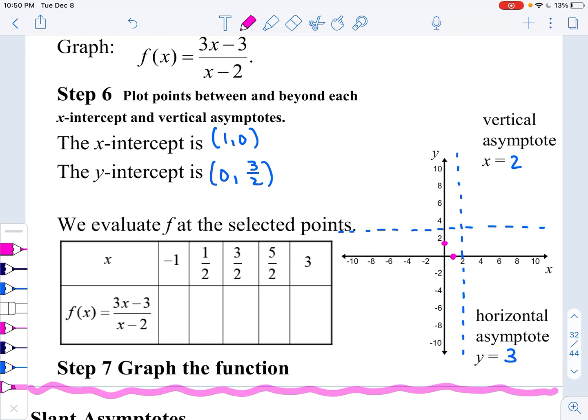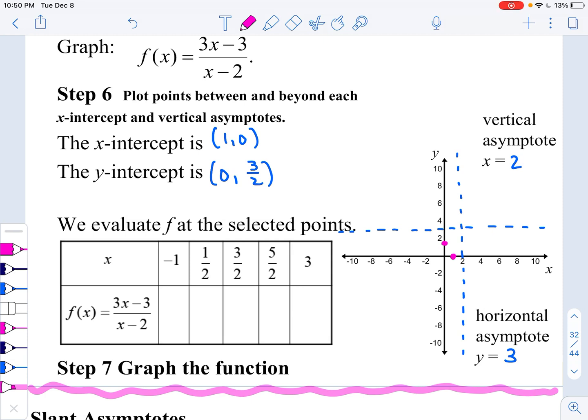Now we can figure out what's happening on the left-hand side of that vertical asymptote, and we probably have an assumption as to what's happening on the right-hand side. But what they would recommend is to throw a couple extra points in here. Let's try negative 1, positive 1/2, 1.5, 2.5, and 3.